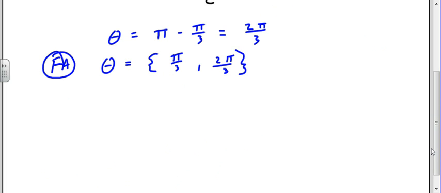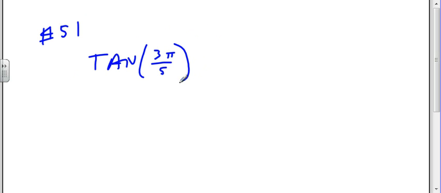All right, let's move down to 51. 51 says express it in 4 significant digits. Tangent of 3 pi over 5. With a little bit of luck, my calculator is still in radians.